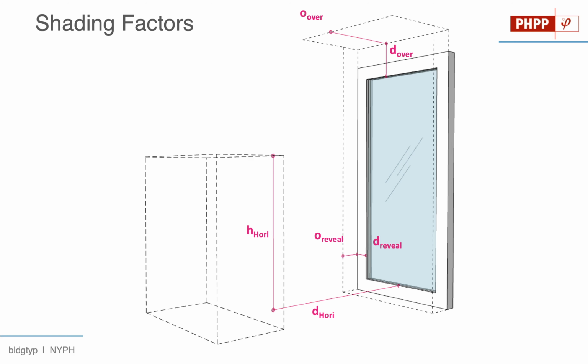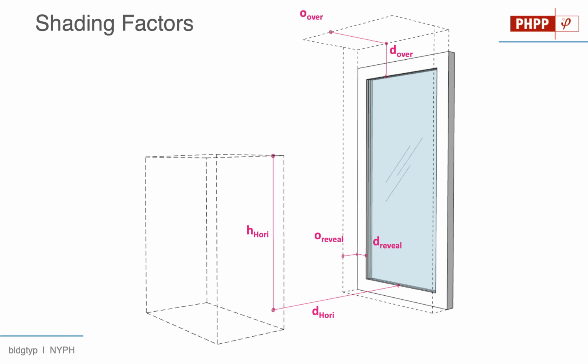So to determine shading factors in the PHPP, the way it works is that we're going to enter all of this information on a window by window basis. And then the PHPP is going to take that information along with some things it knows about the windows because we've previously entered that information, go off and calculate a shading reduction factor for each window uniquely.